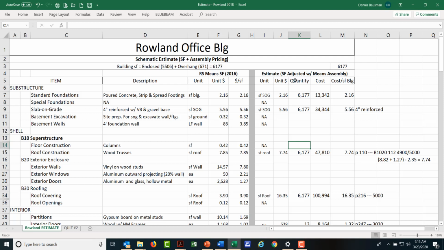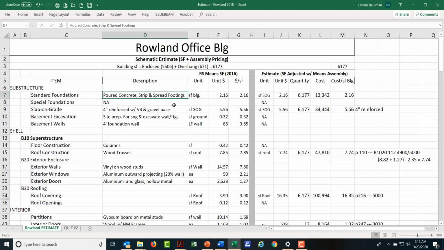Again, both of these are 2016 databases. All right, so the standard in the template for RS Means square foot, they had essentially standard foundations, poured concrete strip and spread footings.